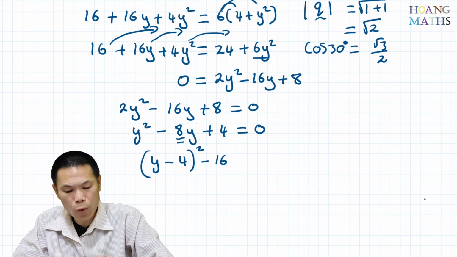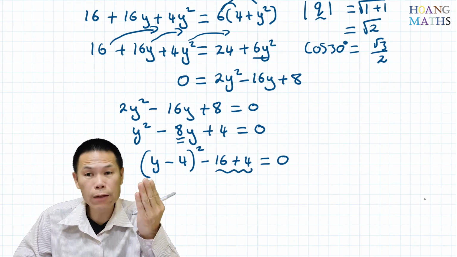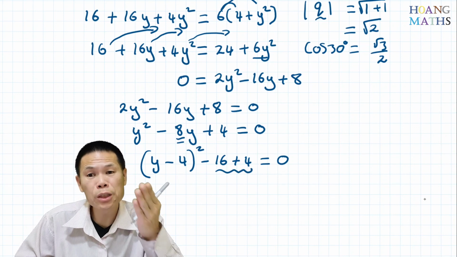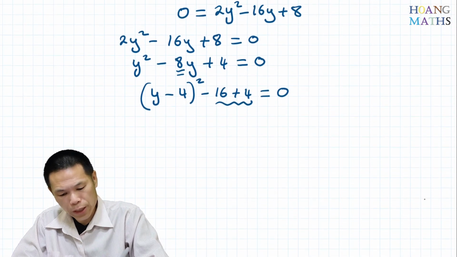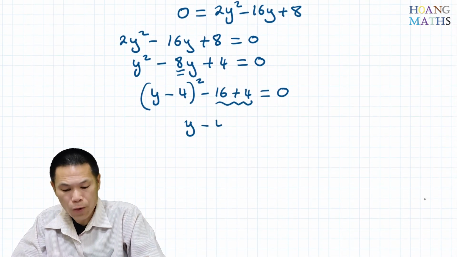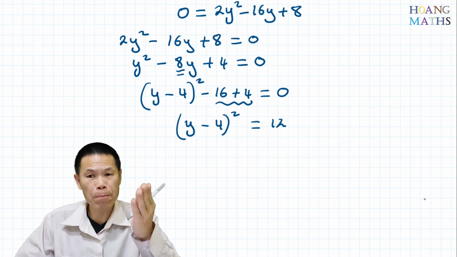So this plus 4, I'll just write this down. So that gives me 0. So that will give me negative 12. So I move on that side, becomes positive 12. So that will give me y minus 4 all squared is equal to 12.